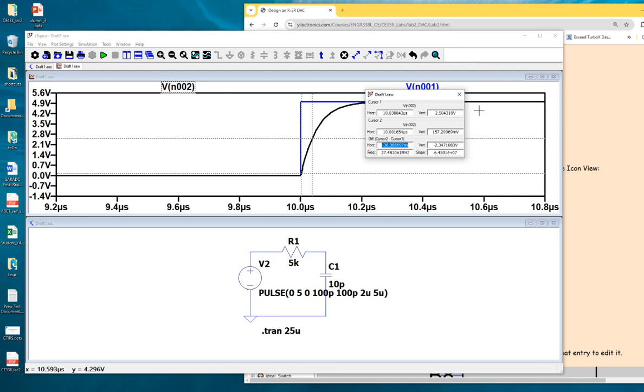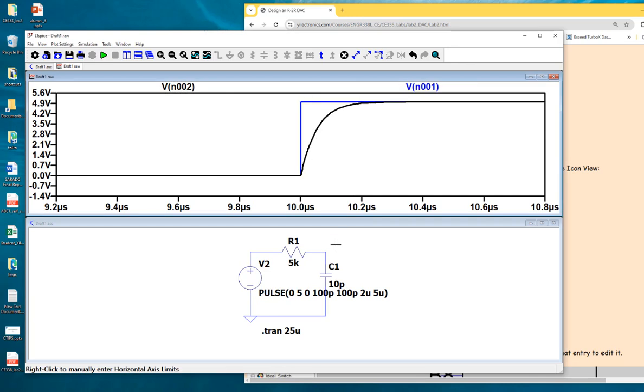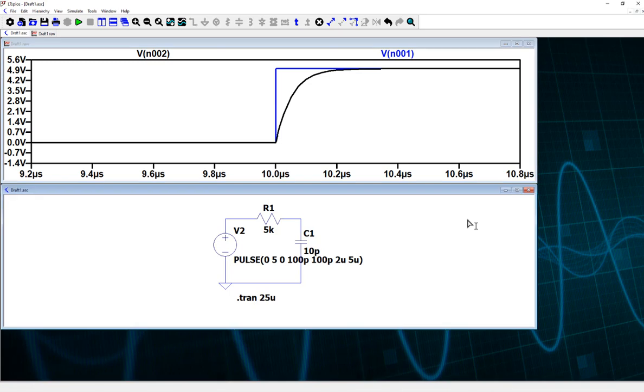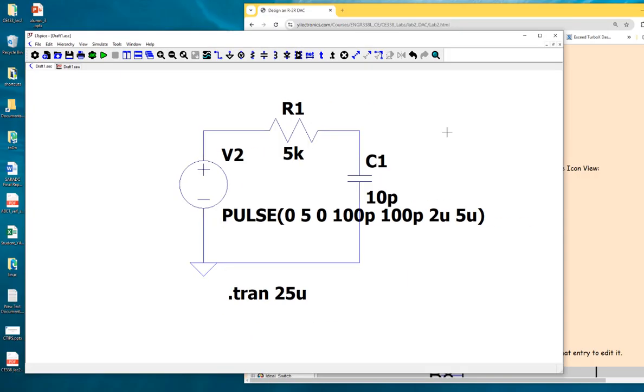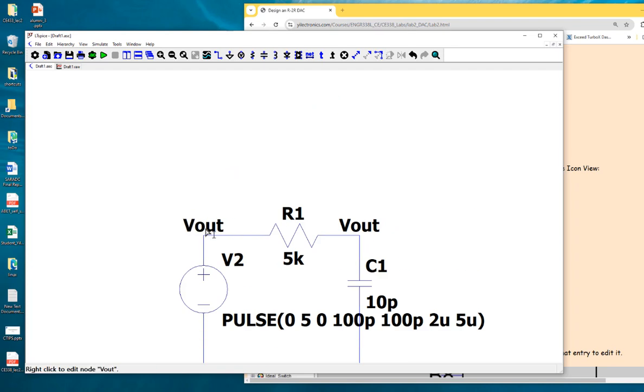Okay? And can you change the name of the signal line? Yes. If you drew the schematic in LT-SPICE, you can define the signal name by giving a name here, like Vout, Vin.